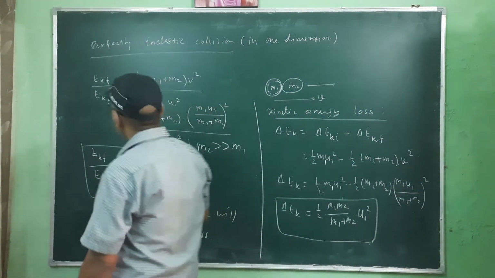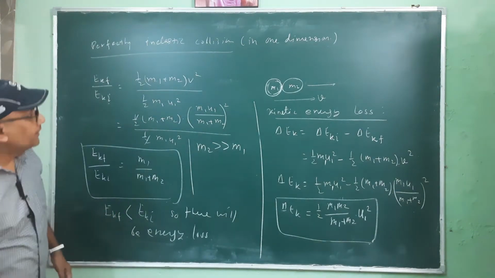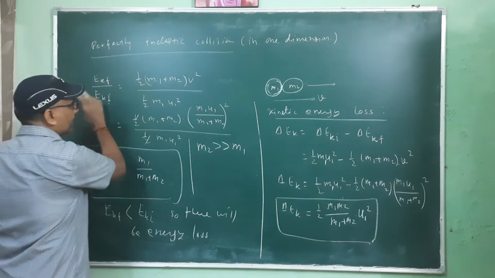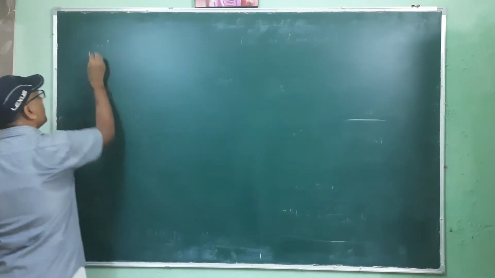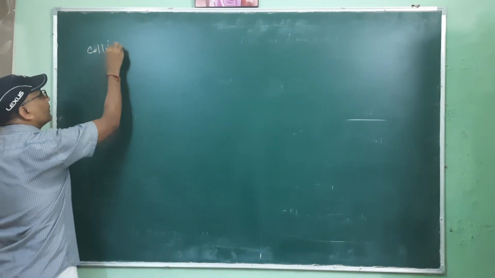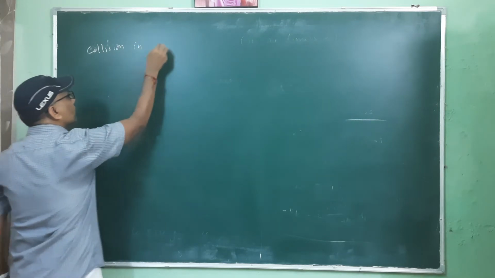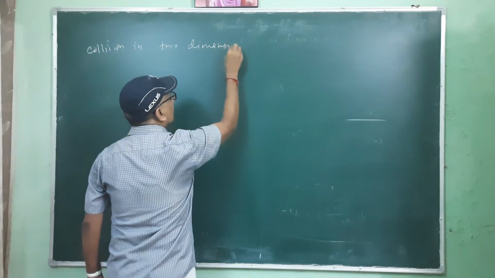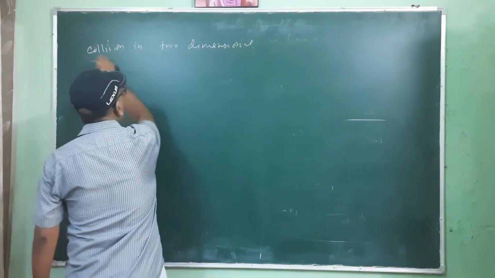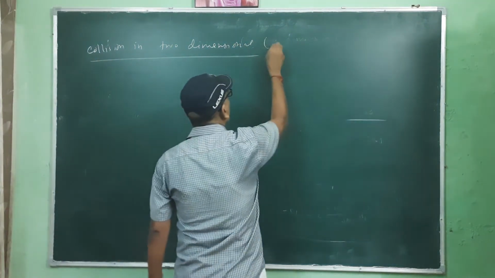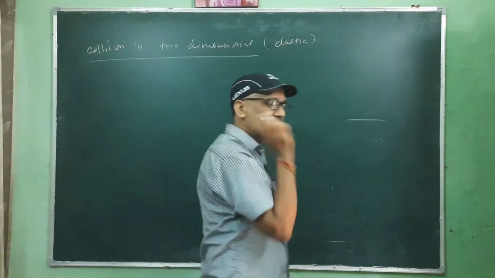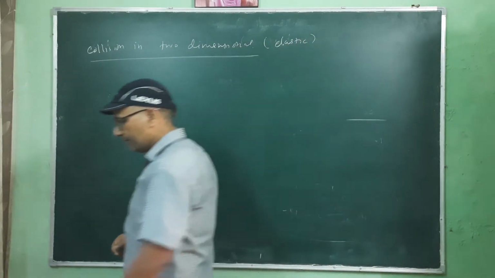Okay, so this is the one-dimensional case, and now let's have collision in the two-dimensional case. And we are talking about elastic collision. Elastic or inelastic, depending on the system.